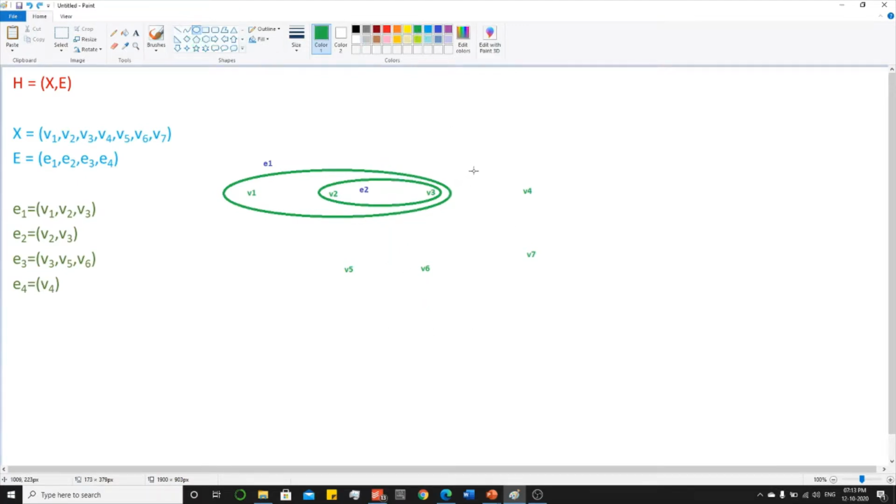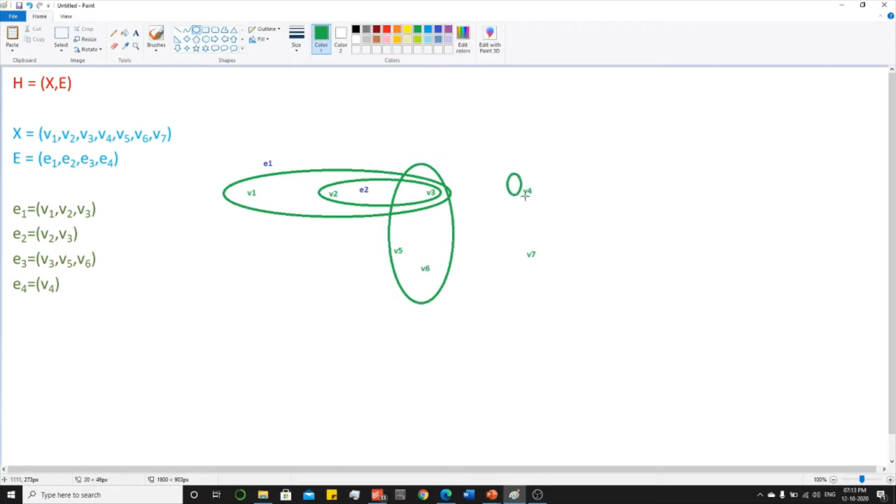Choose a green color. V3, V5 and before that let me move this V5 so that the diagram is clear.